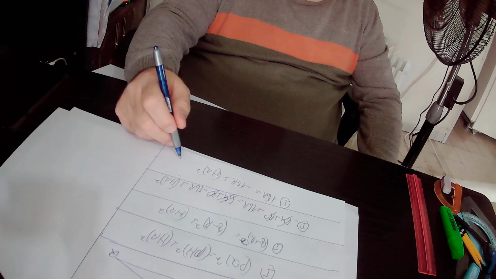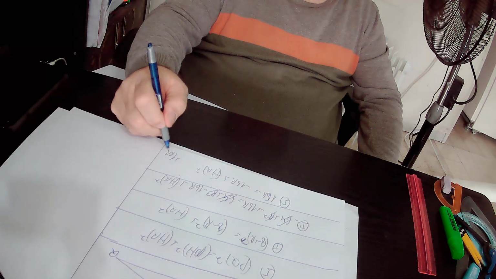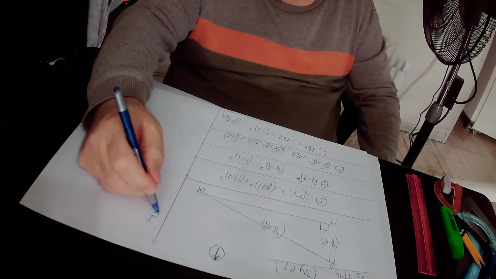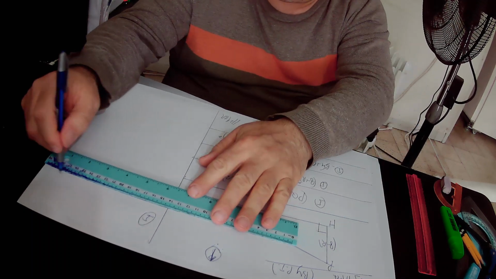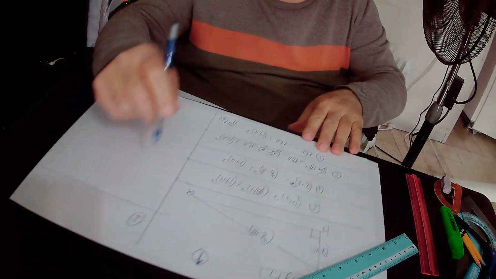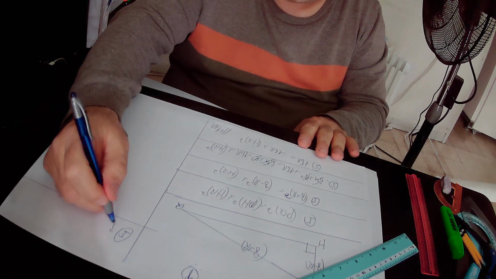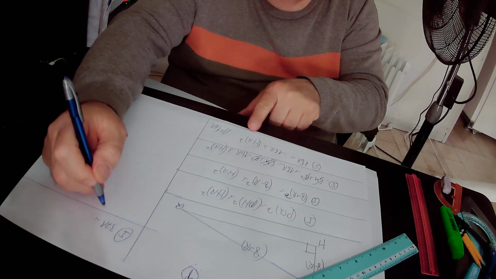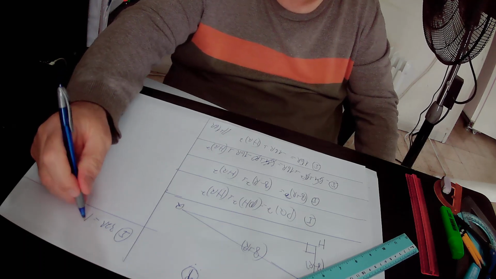So here we add 16R to both sides of equation 1, and we get that 16R plus 16R is 32R, so on this side of equation 1 we have 32R, and on the other side of equation 1 we have only HQ square.